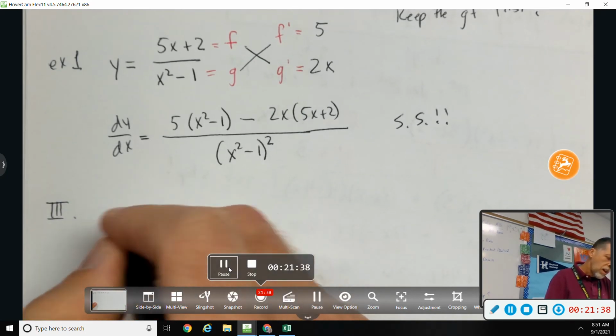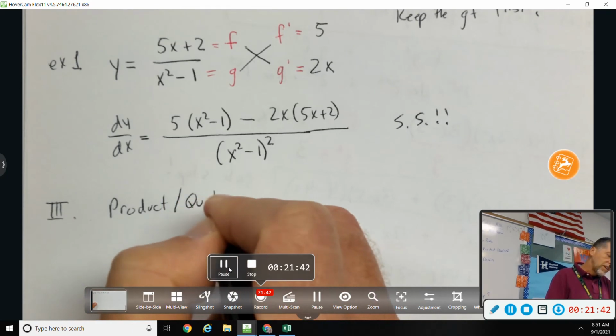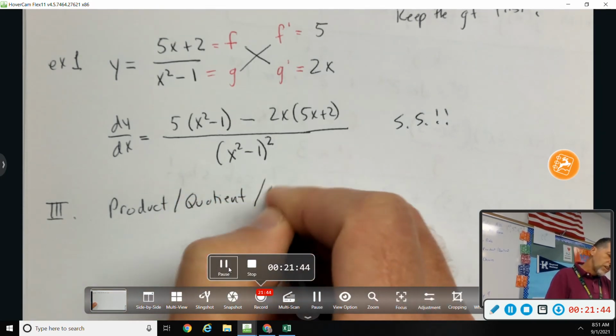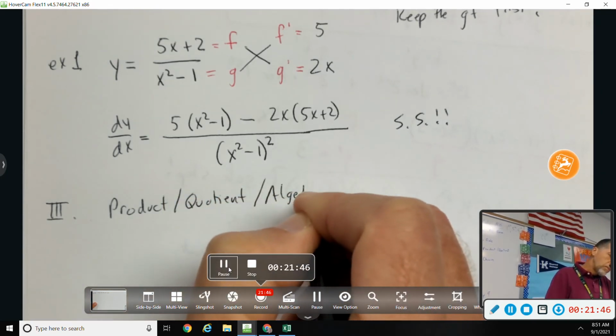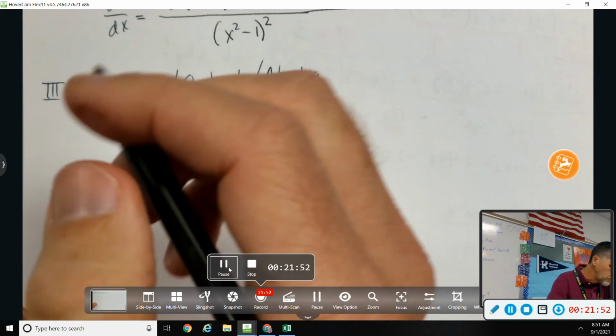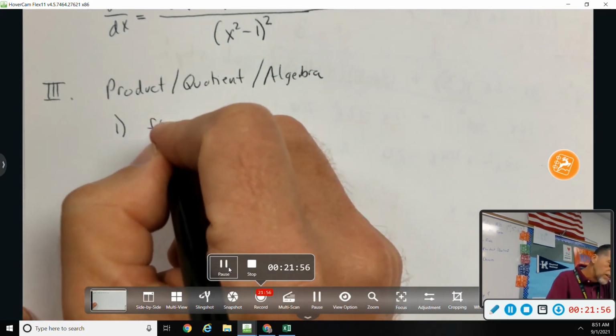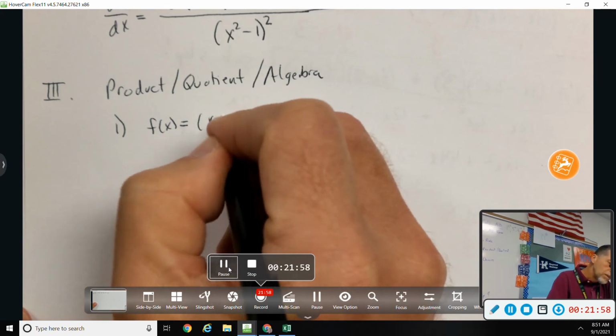All right, this next little set of problems is to help us figure out what we should do first. Product, quotient, or algebra. So we're actually not going to work these problems. We're just going to say if we would rather do product, quotient, or algebra for these problems.